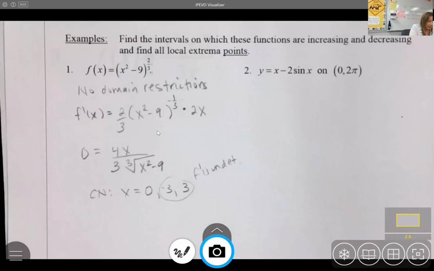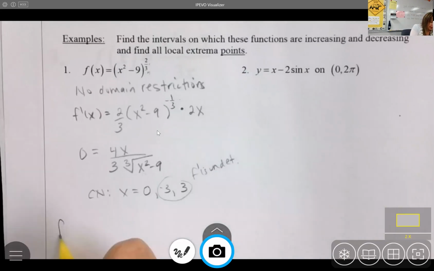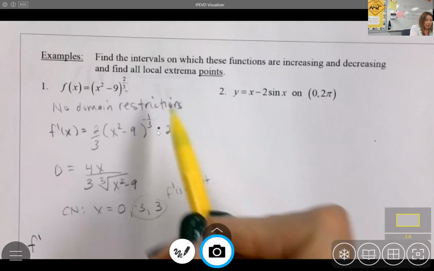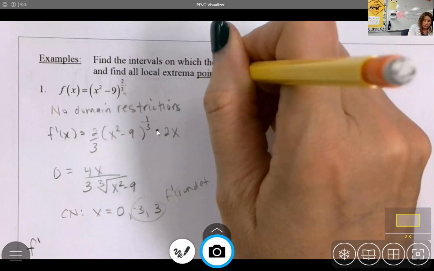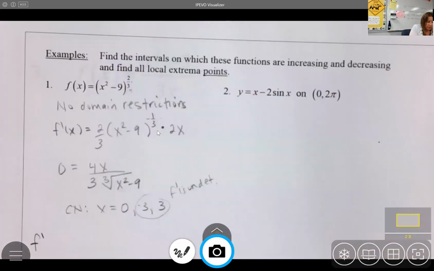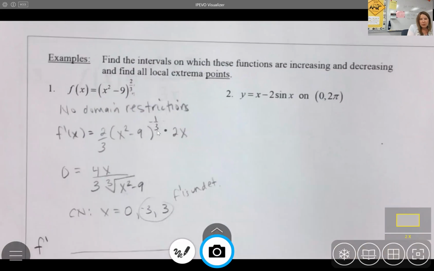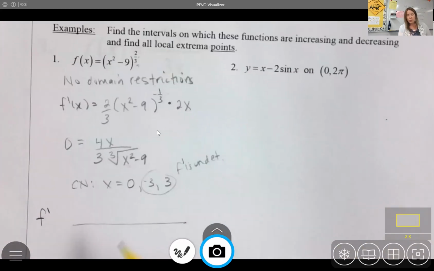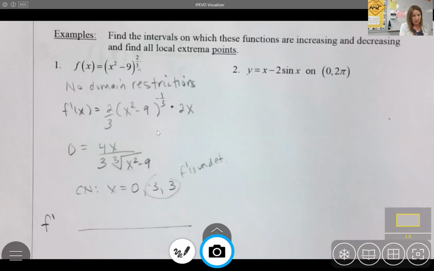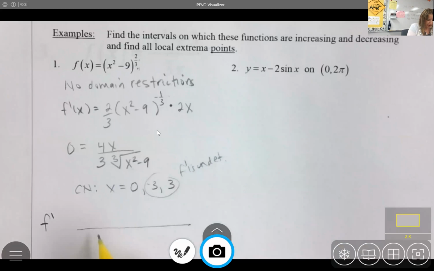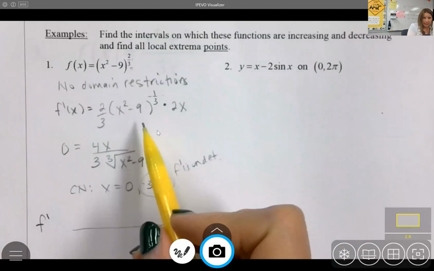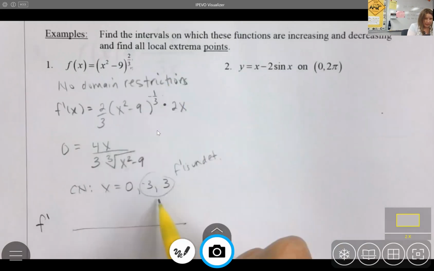So the new part is creating an f prime number line. When I look for local extrema, we don't use the candidate test. We create an f prime number line. I have to think about what an f prime number line is really graphing: it's going to give me the slope. I'm going to put all the domain restrictions, of which there are none, and all the critical numbers on this number line.